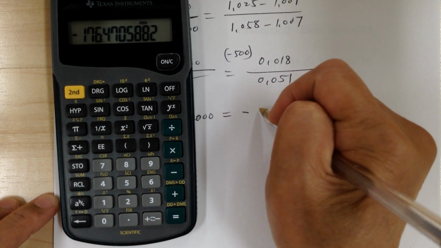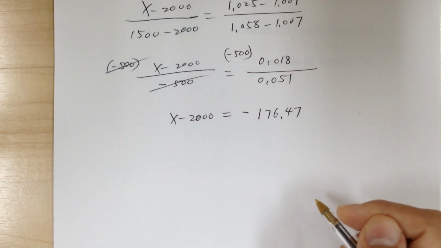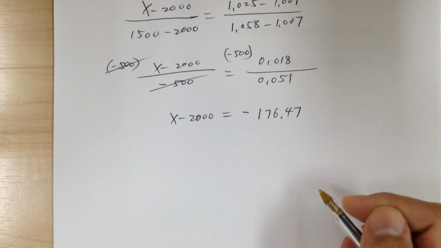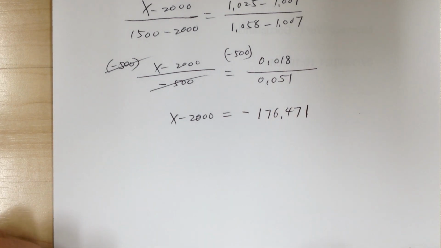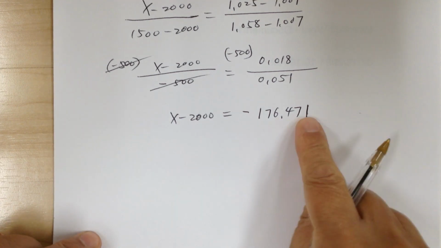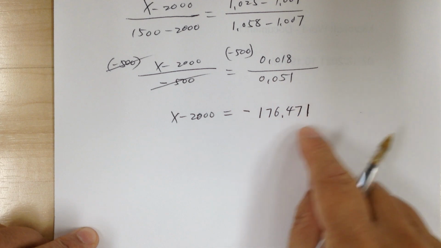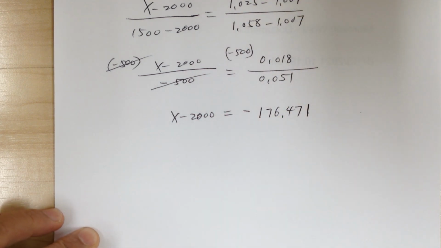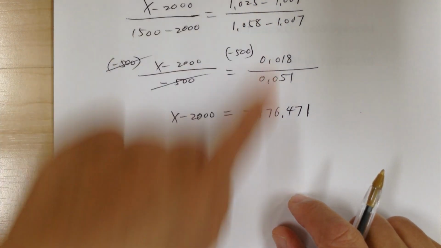So you get negative 176.47, and actually it's 176.4705, so you round it off to 176.